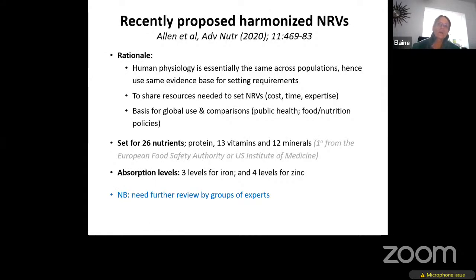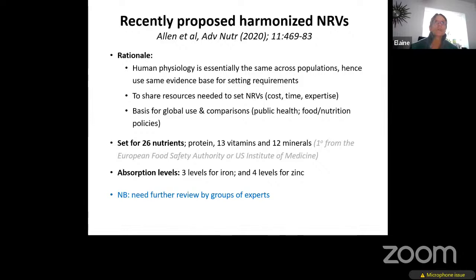Now, there also has been a recently published article related to harmonized nutrient reference values. The rationale for doing this is that human physiology is essentially the same across populations, and hence the same evidence base could be used for setting requirements. It shares resources, because when you're setting these NRVs, the cost, time, and expertise is enormous.